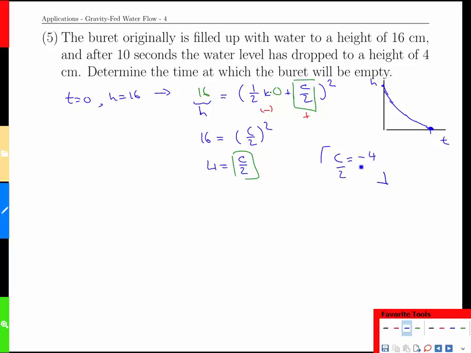That's not going to happen with c over 2 equals -4. So we can safely dismiss that based on the physics and the scenario and work just with this value here. So our updated solution, taking into account the starting value of the depth, is (1/2 kt plus c over 2) squared, but c over 2 is 4.